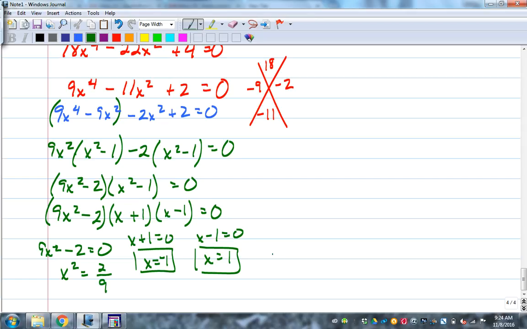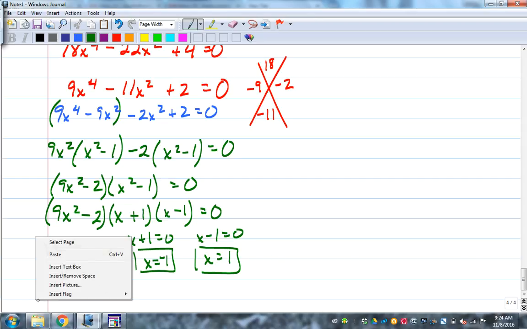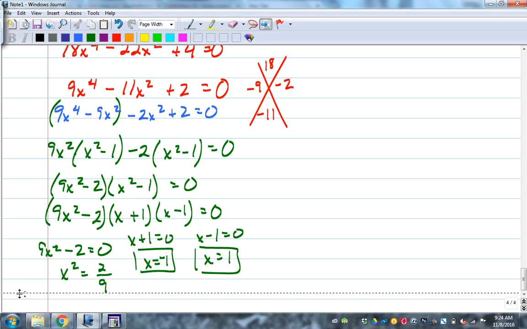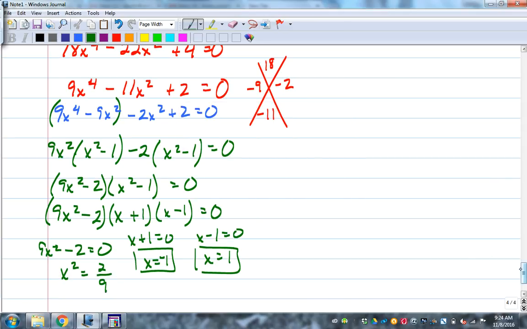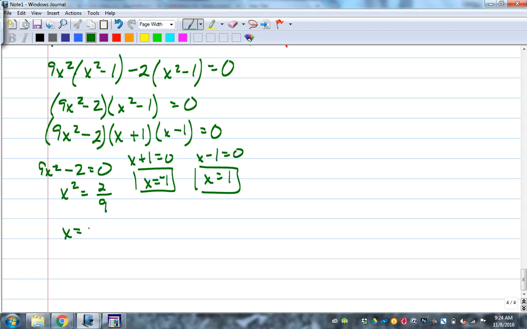And you take the square root of that, and you get not a beautiful number, but it does work out a little bit nice. Plus or minus radical 2 over 3. Because the square root of 2, we don't know, but the square root of 9, we do. It's 3. So that's where that's coming from. So those are our x values. We got 1, 2, 3, 4 of them.